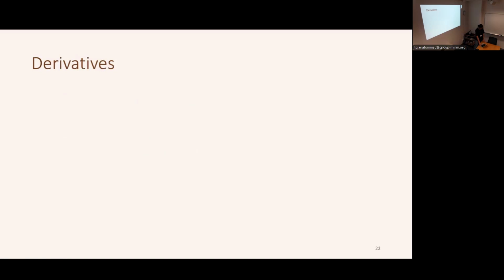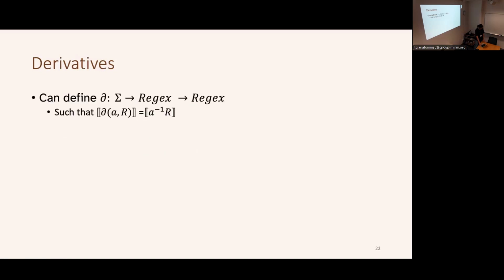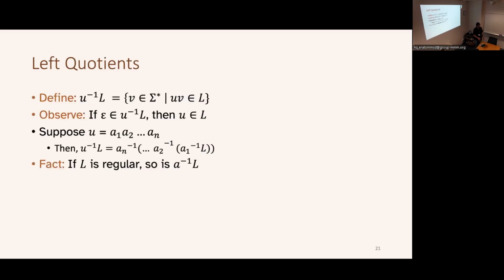And so now we will talk about derivatives. What we are going to do is define this map, which gives me a way to compute this object A inverse R in the form of another regex. And in the previous slide, we saw that if we can do this, then we can apply this thing one by one for the letters of the word that we care about.